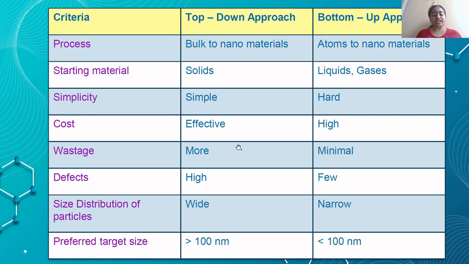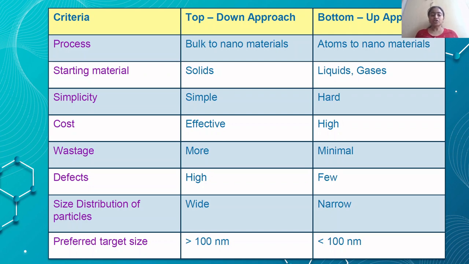As a way of summarizing, I have included a table that highlights the differences between the two approaches. In the top-down approach, bulk material is converted into nanomaterials, whereas in the bottom-up approach, the atoms are converted into nanomaterials.